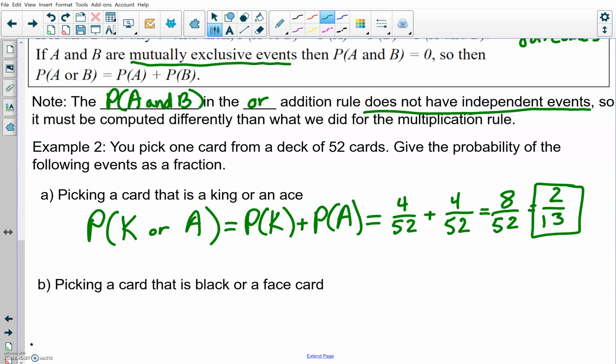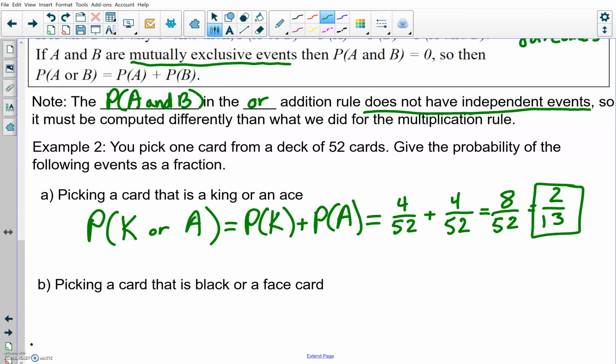Now the next one, picking a card that is black or a face card. So in that deck of cards, you've got 26 black cards, you've got 12 face cards. However, there are 6 cards, half of the face cards, that are also clubs or spades, black cards.